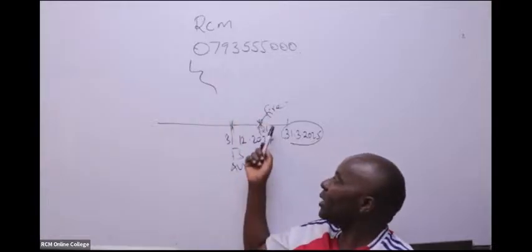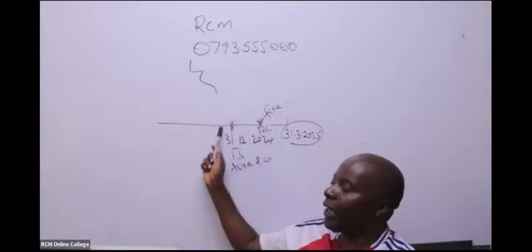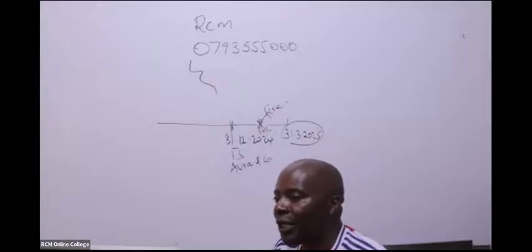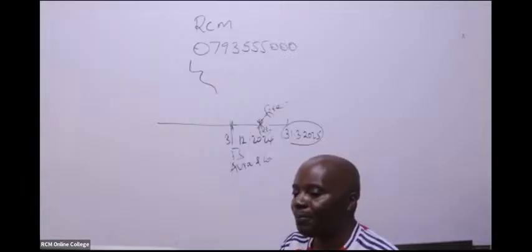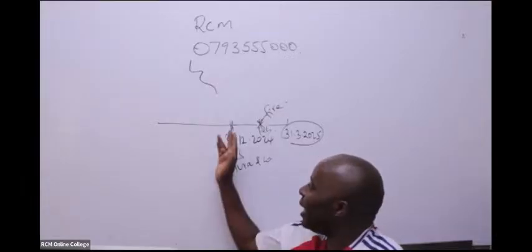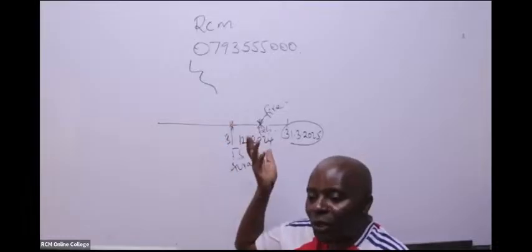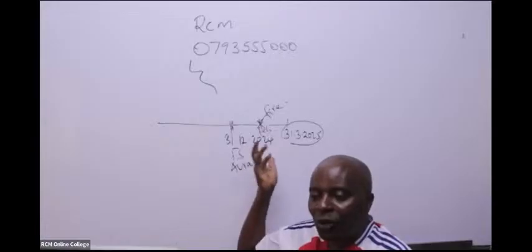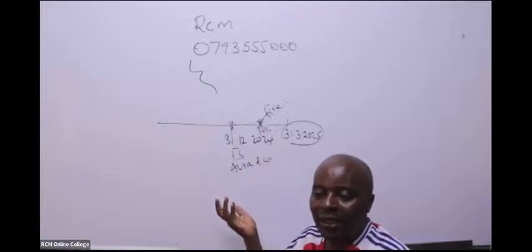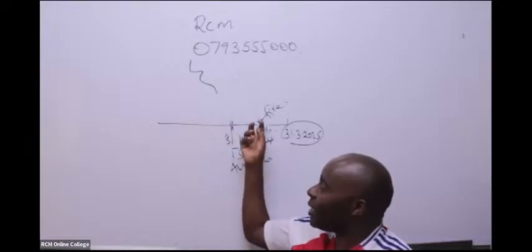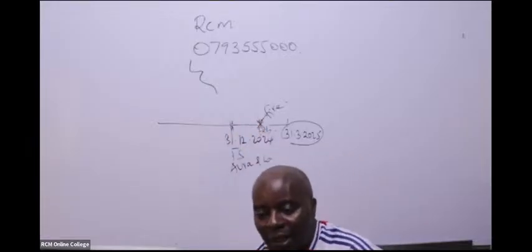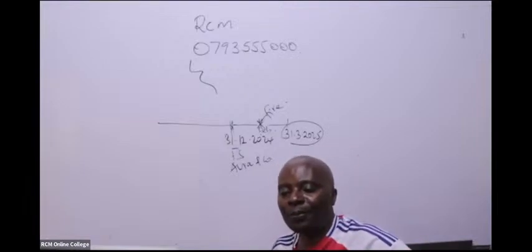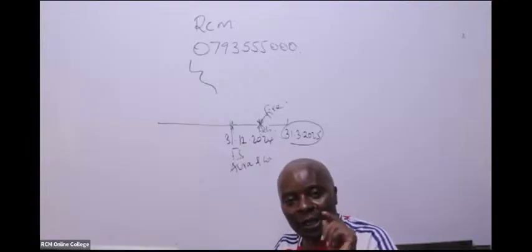But will you be able to ask these people to adjust their 2024 financial statements? No, because by the end of the period, that office was in existence. It has only been burnt down after. So that becomes non-adjusting. However, it must be disclosed in the notes to the accounts.